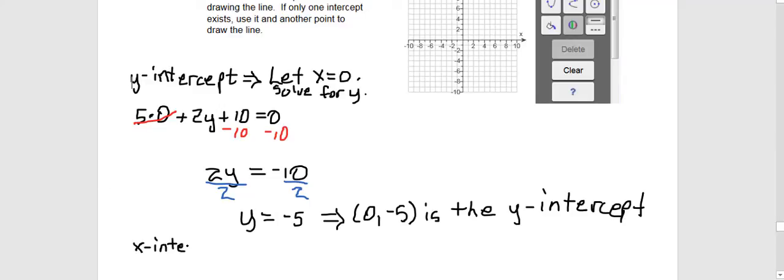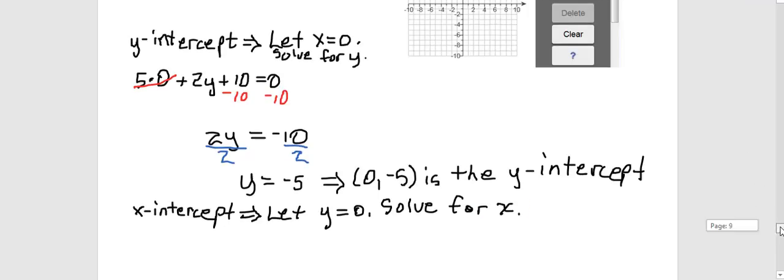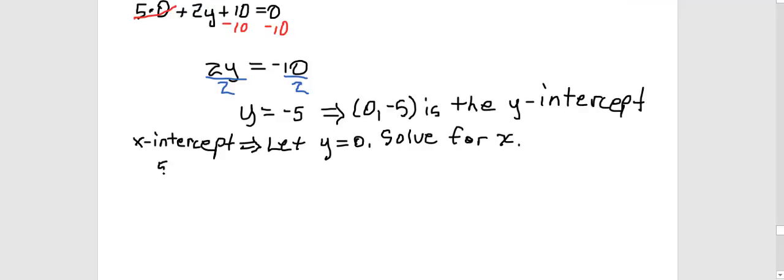And now I need to find the x-intercept. I'm going to do that by letting y equal 0 and solving for x. Wherever I see a y, I replace it with 0. So instead of writing 2y, I write 2 times 0, and that drops out of the problem.